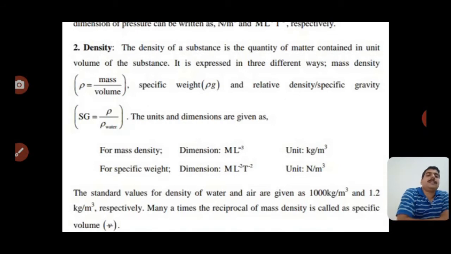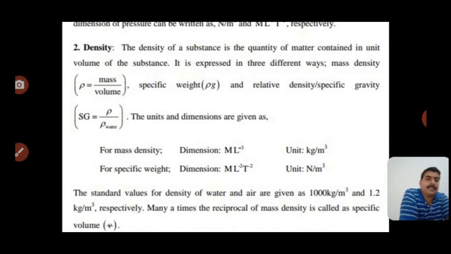Specific gravity is a unitless quantity because it is the ratio of the given density divided by a standard density, like the density of water. Therefore, it has no unit.